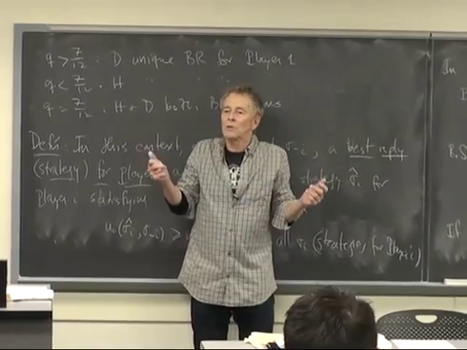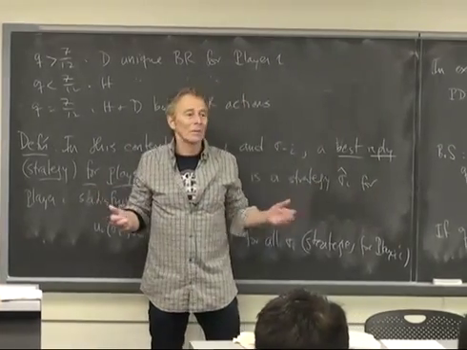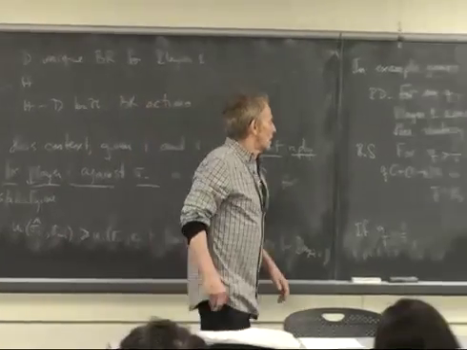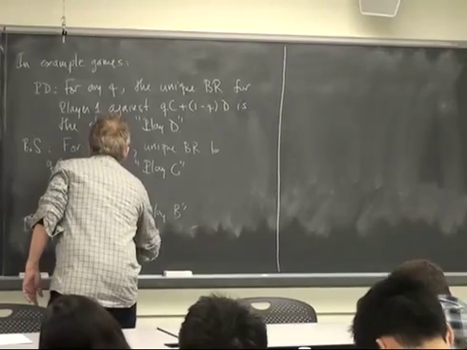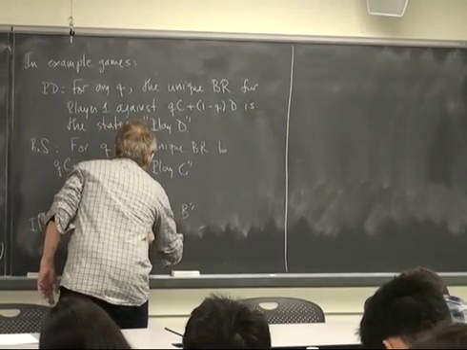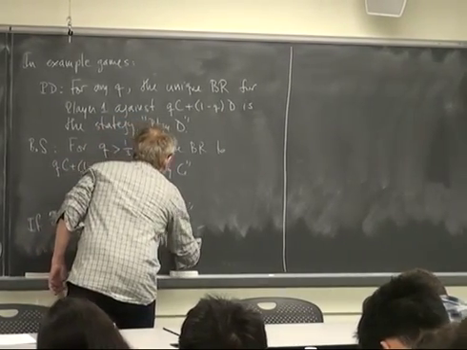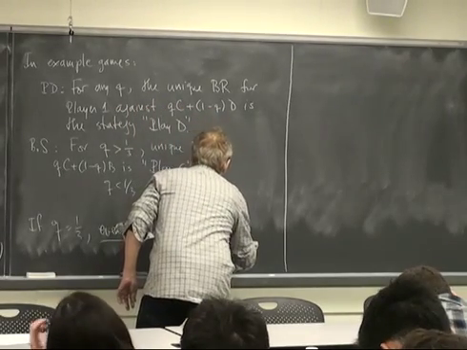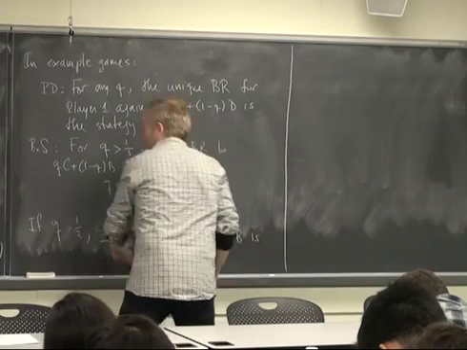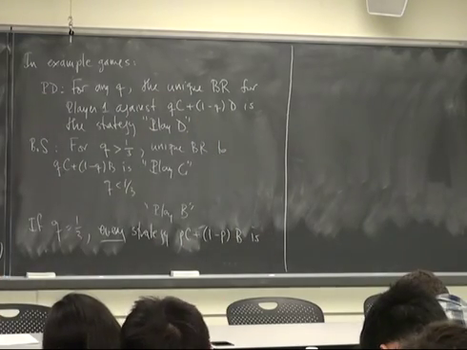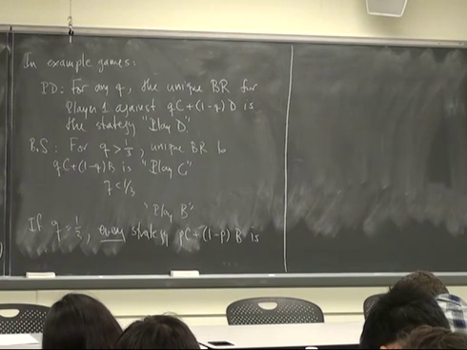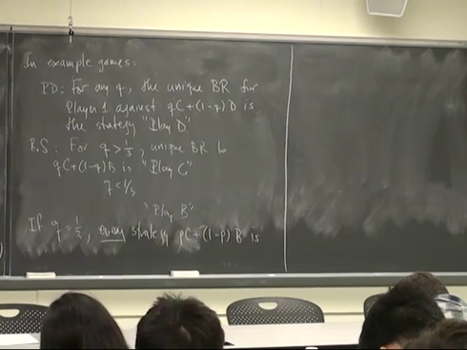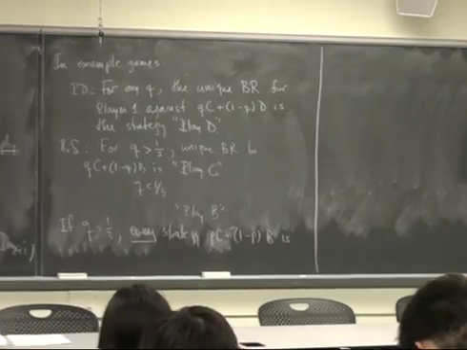Because if I flip a coin between B and C, one of them is going to come up. I'm going to get the same payoff no matter which way. So every strategy PC plus 1 minus P B is a best reply strategy for player 1.